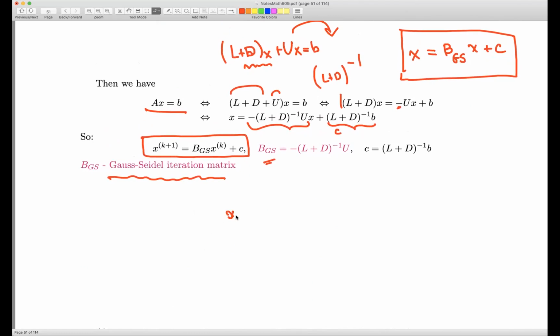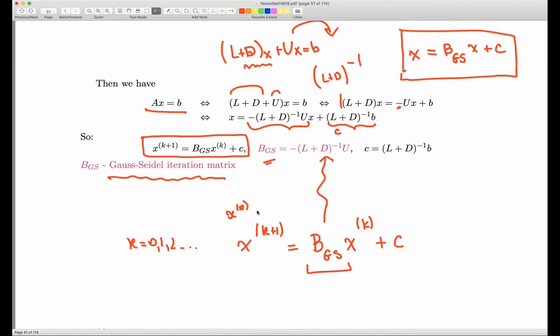So we start with x0, and then for k equal to 0, 1, 2, and so on, we have that the (k plus 1)th iteration of the Gauss-Seidel is equal to the iteration matrix of Gauss-Seidel applied to x at iteration k plus c, where the Gauss-Seidel iteration matrix is given by this formula.